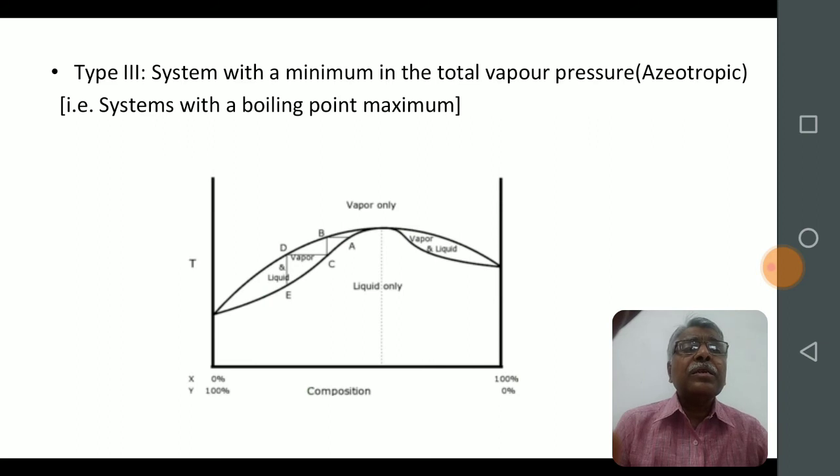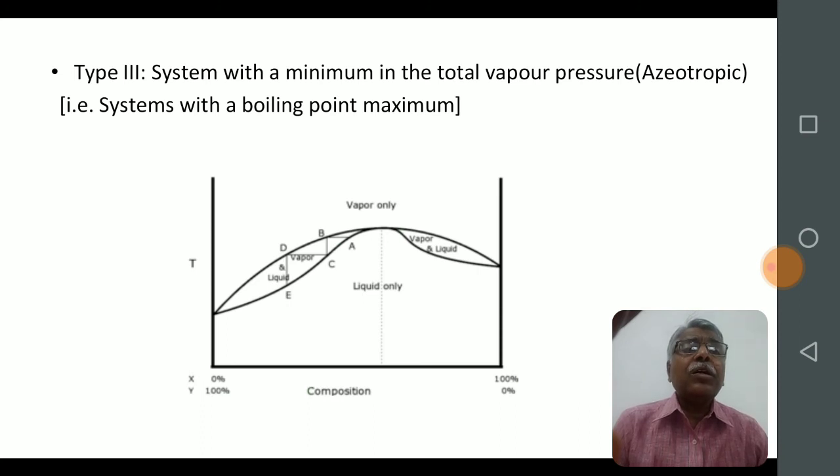In this case, the vapors coming off from the solution will be richer in the first component, while the liquid residue becomes enriched in the other component. By repeating the process of distillation and condensation, we will obtain one pure liquid in the form of distillate, and the liquid residue finally reaches the azeotropic mixture.